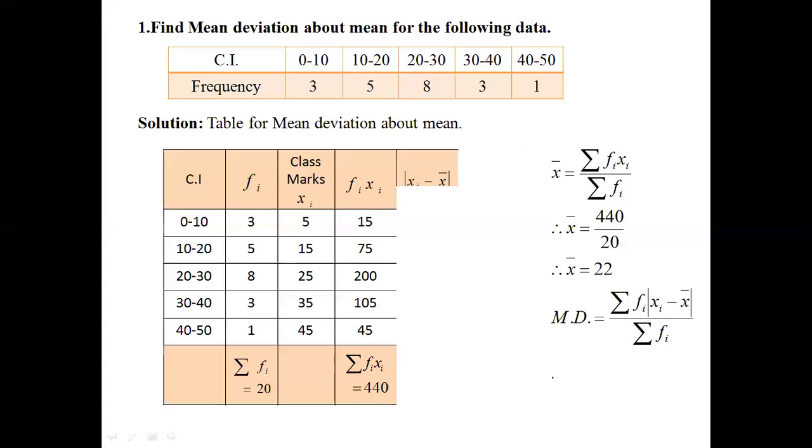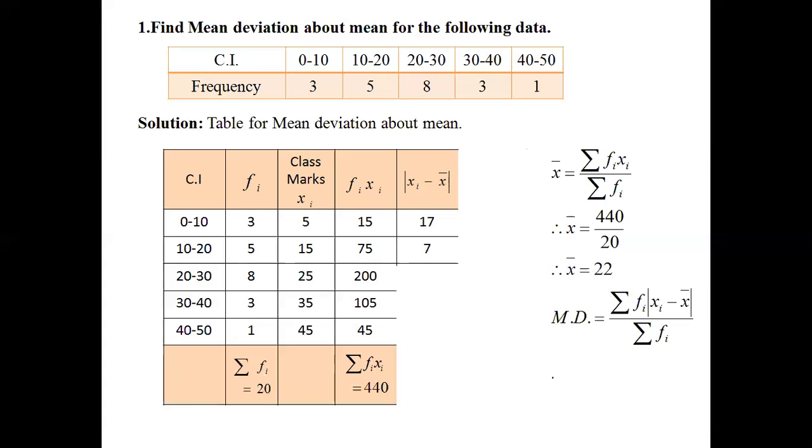Here, from all these observations, that is from each xi, we have to subtract 22 and then take the mod of that value. So we get 5 minus 22, which is equal to minus 17, and then the mod of minus 17 is equal to plus 17.